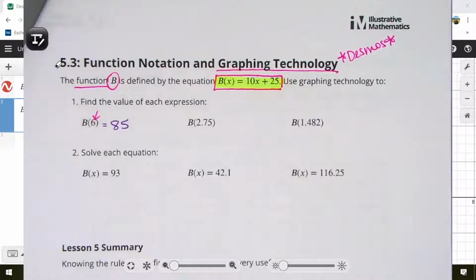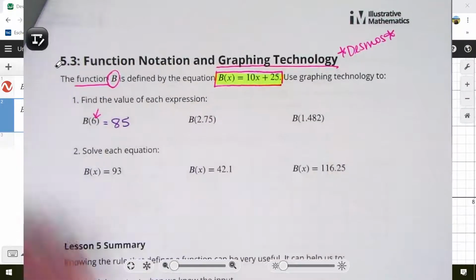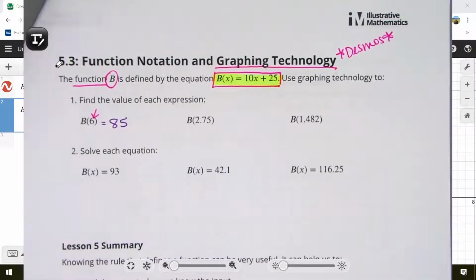Do the next two on your own. I'm going to give you about a minute. Ready. Go.